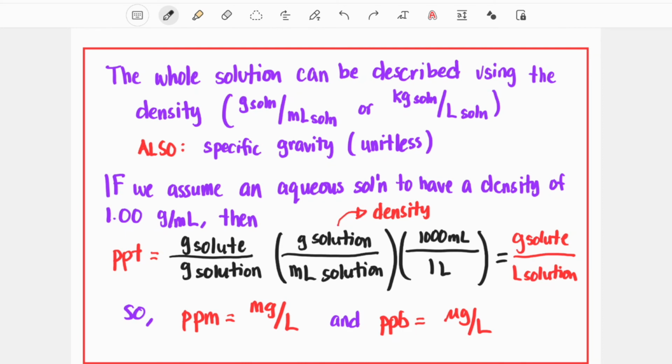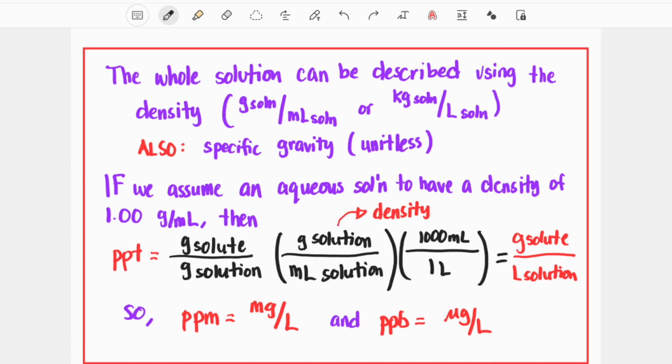Here's something interesting. If we assume an aqueous solution to have a density of 1 grams per ml, that is the density of water, then look at what happens to parts per thousand. Parts per thousand is gram solute over gram solution.